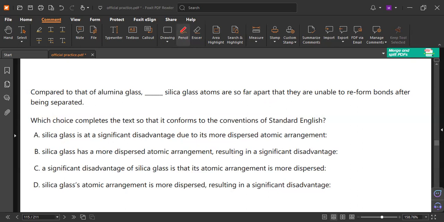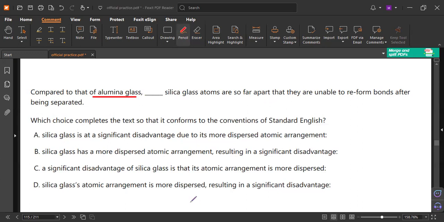Is it B? Letter B again? I don't think so. What is compared? Look, comparison. What is compared to that of glass? So, what is compared?